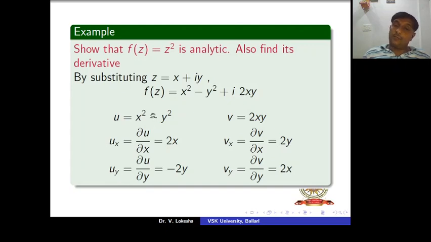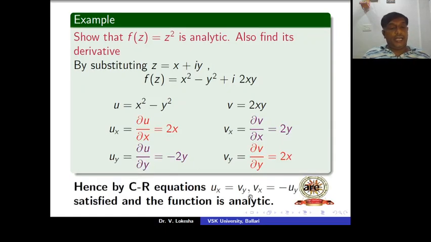Here x square is treated as a constant, that becomes 0. y square becomes minus 2y. Partial derivative of v with respect to y means vy is equal to dou v by dou y is equal to 2x. Here if you observe, ux is equal to vy and vx is equal to minus uy. Then the Cauchy-Riemann equations are satisfied here. The function is analytic.